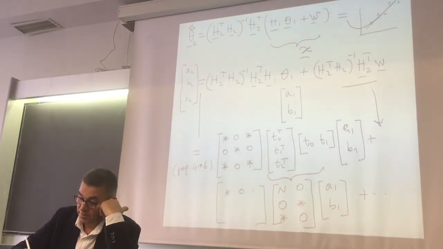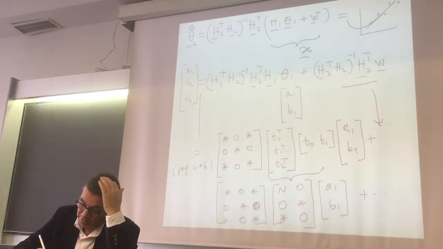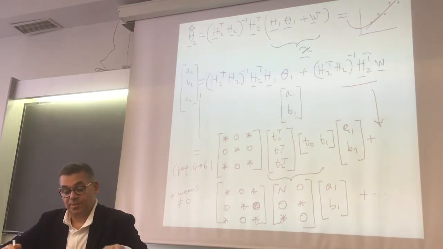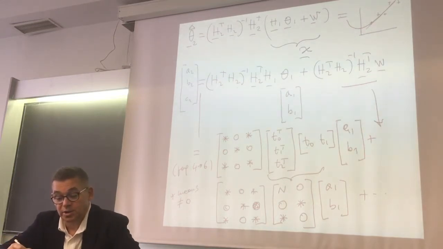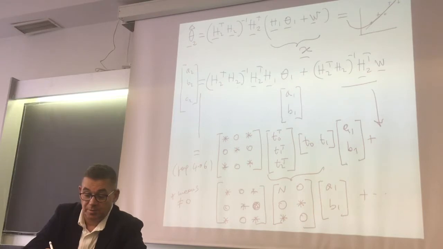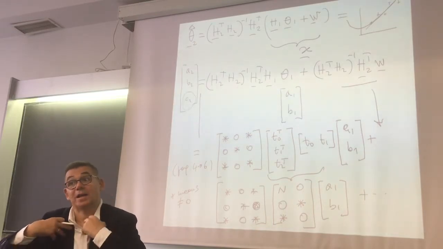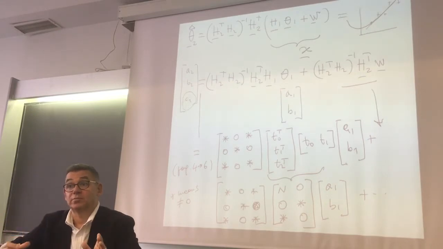So star, 0, star, 0, star, 0, star, 0, star. Every time, star means different from 0. Now, what is the term I'm interested in? The term I'm interested in is C2, because I expect C2 to be 0.